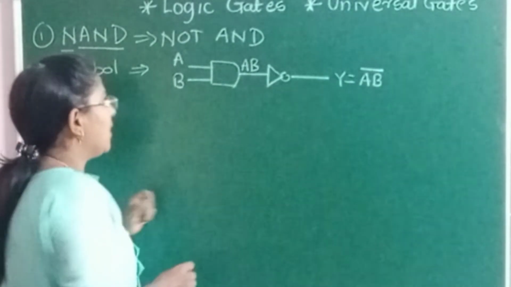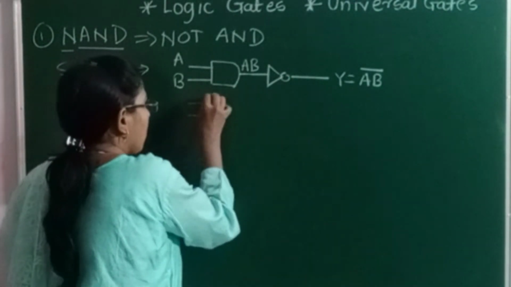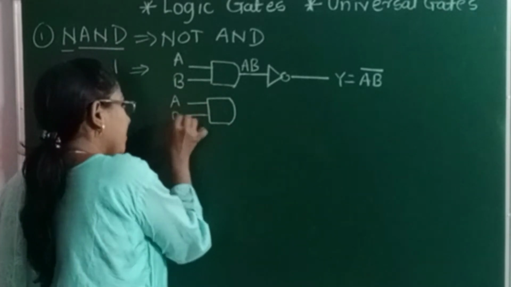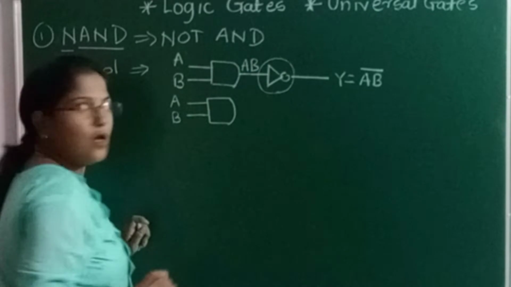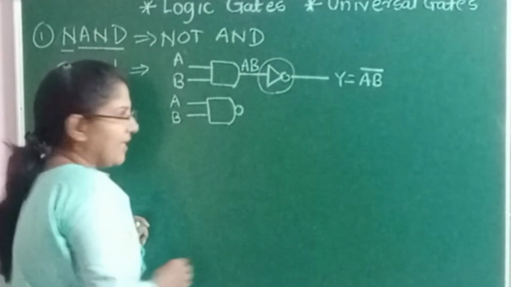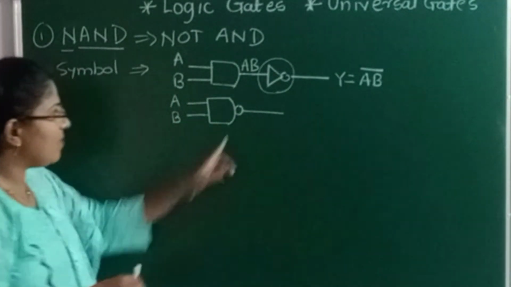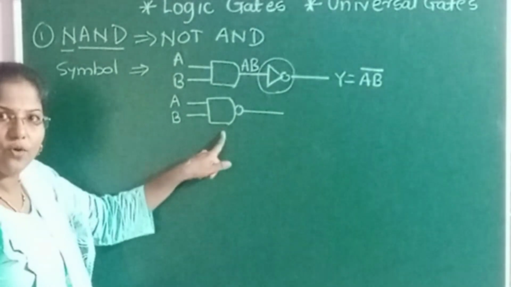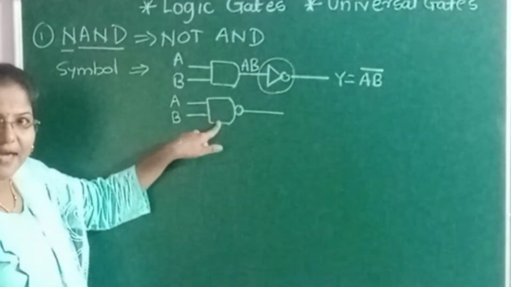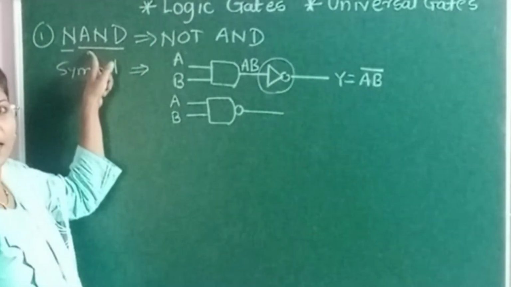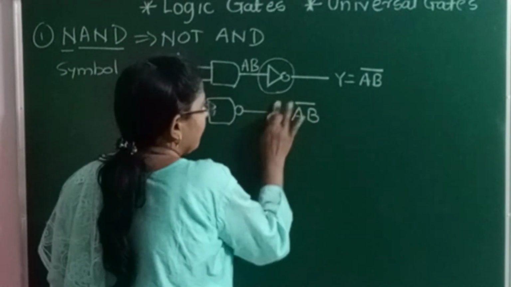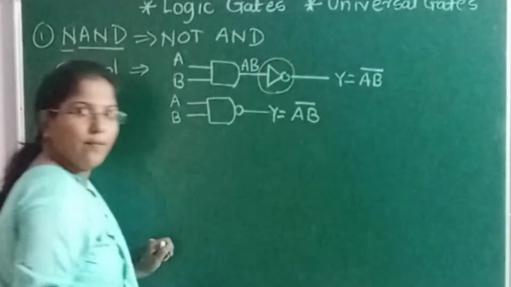So there is one shortcut: we will draw this AND gate symbol, write the inputs as A and B, and now replace this NOT gate by a small bubble at the end of this AND gate. So just looking at the small bubble after the AND gate, we must come to know, yes, this bubble is used for inversion. So this is NOT, and that's why this gate is the NAND gate. And its Boolean expression is Y equal to AB bar.